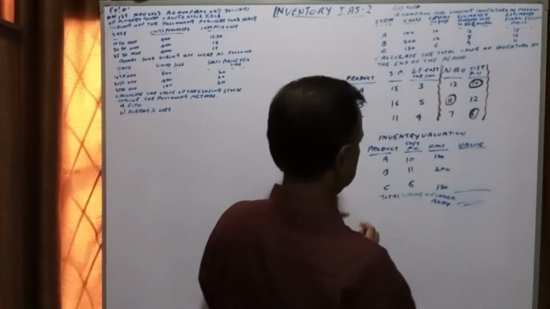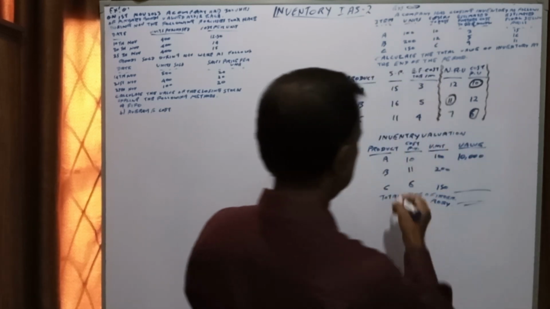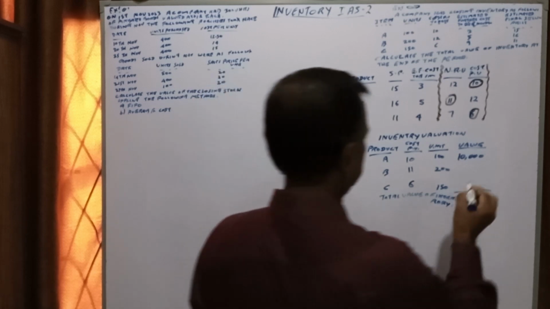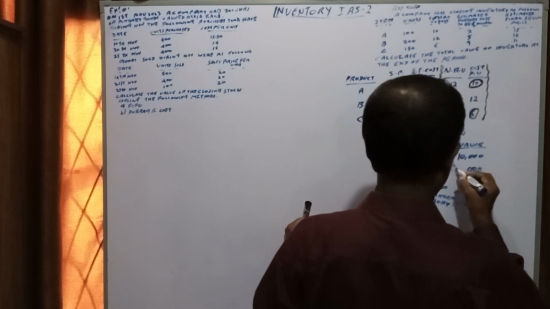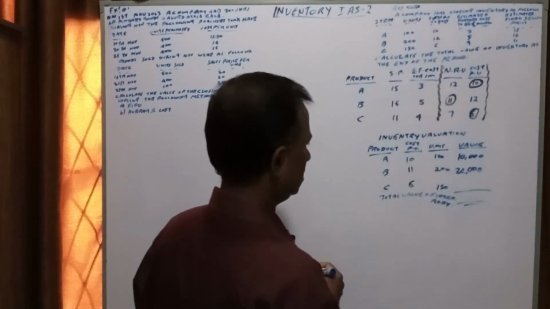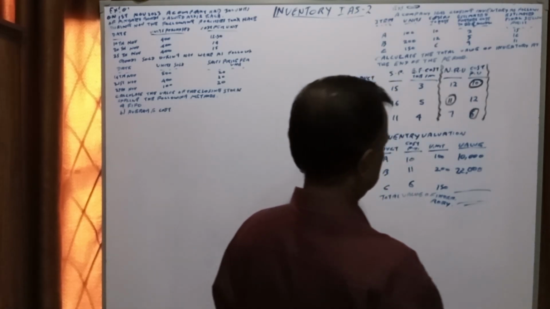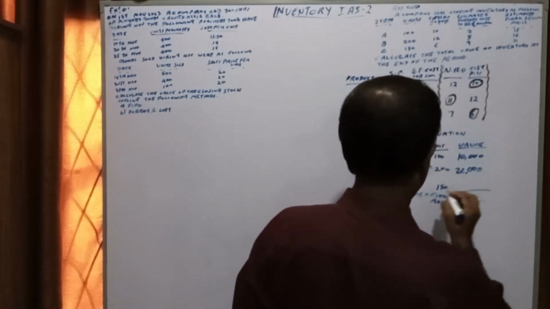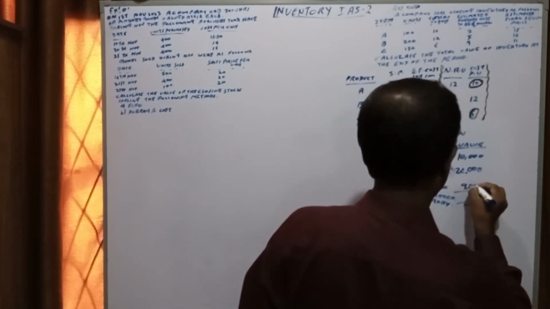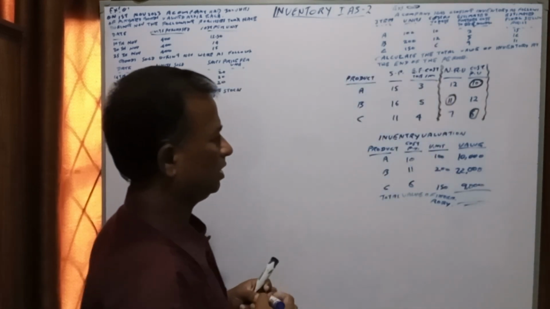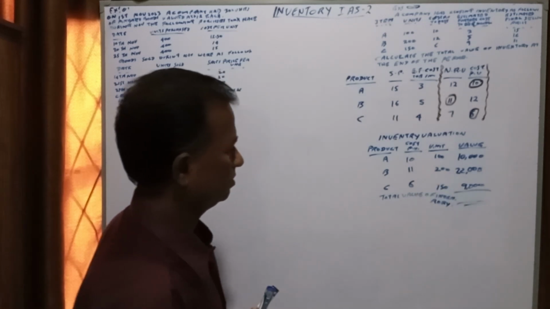110,000, right? This is 10,000. Here 11 into 200, 22,000. Here 150 into 60, how much?